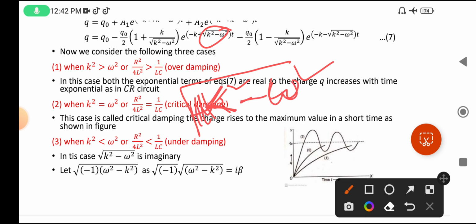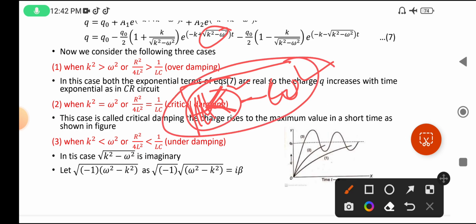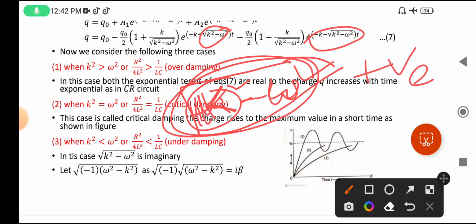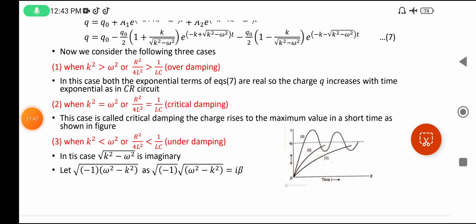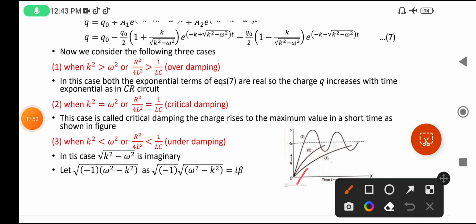When the result is positive, from the root also we get a positive value. Then the charge increases slowly like this. So it is over damping. The first line indicates over damping, with charge slowly increasing like this.